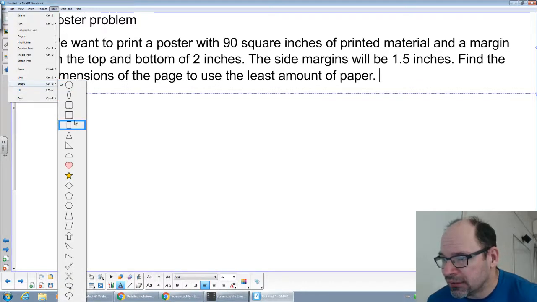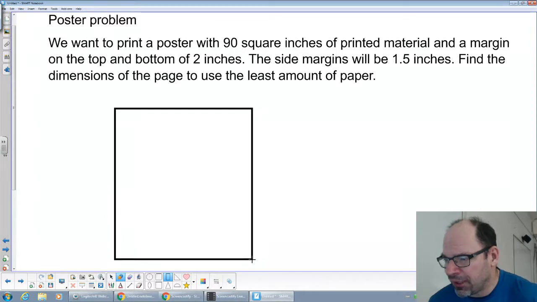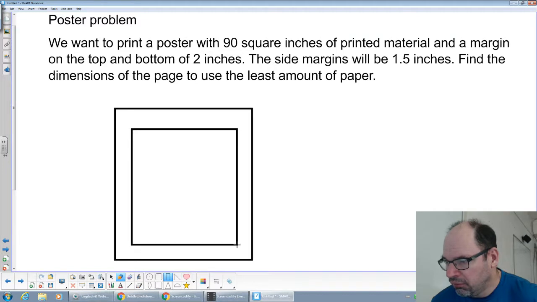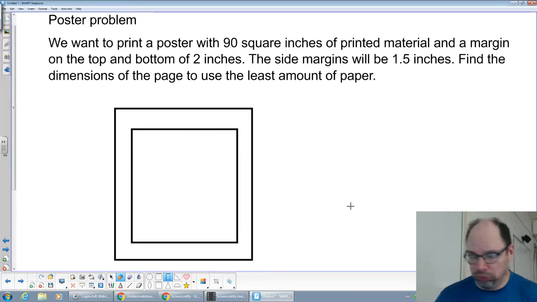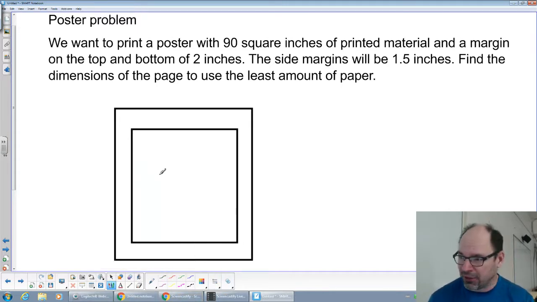There's our printed page, and inside that we're going to have our printed material. According to this, the material in the middle here is 90 square inches.